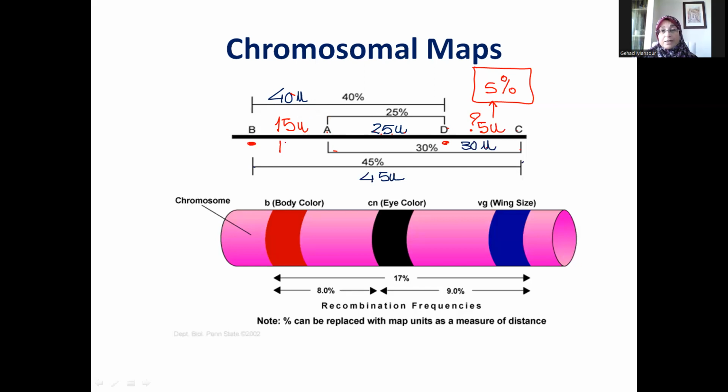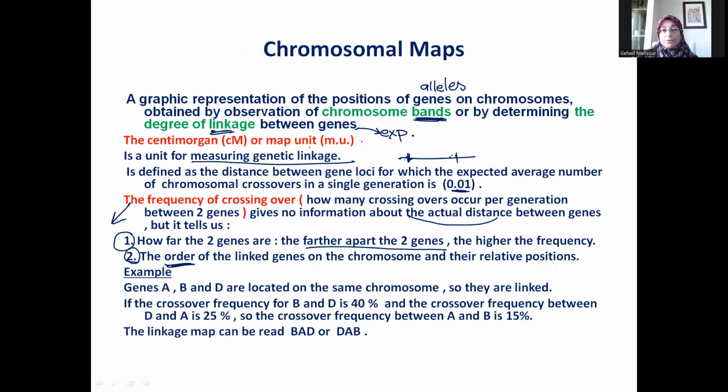This simply indicates that the frequency of crossing over is 15% between B and A, because we have just said that the number of crossing over in a single generation is 1% for every unit, okay?